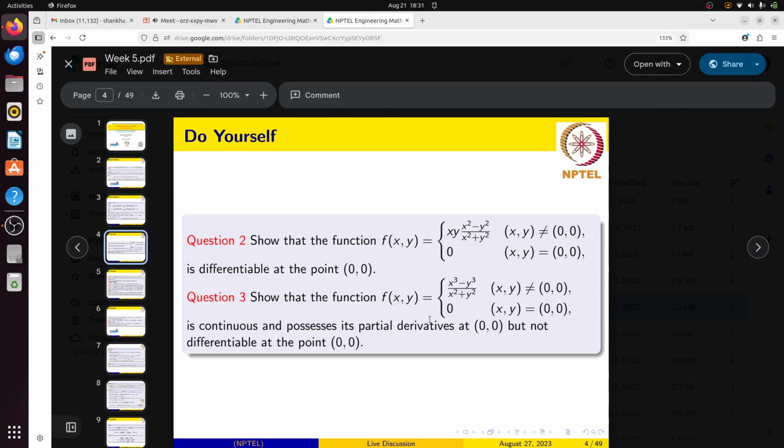You take the path k equal to mh, you will get the limit value as m square by (1 plus m square), which depends upon m. So therefore the limit does not exist, because we know that if a limit exists it is unique. Is it clear now?